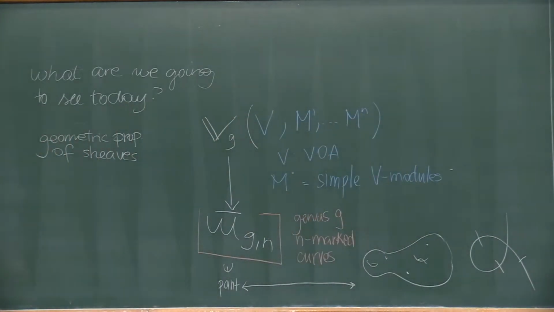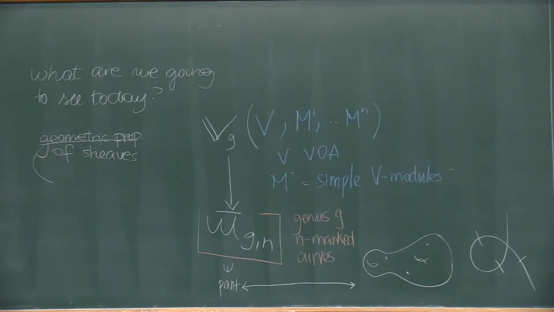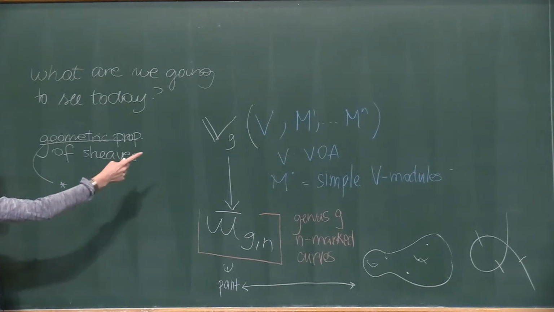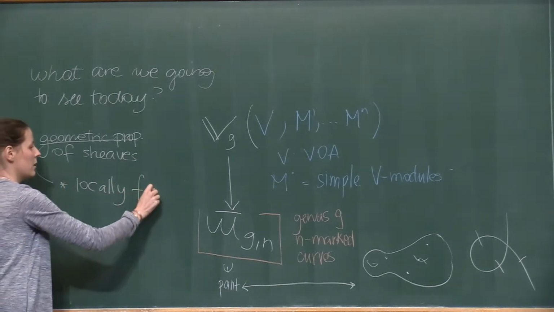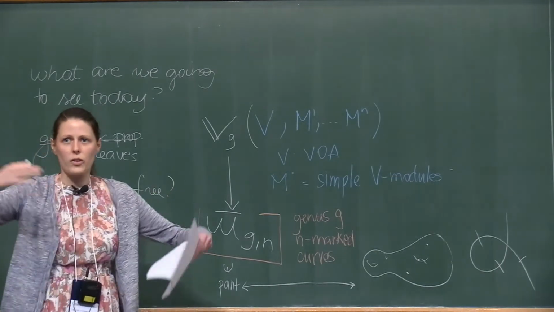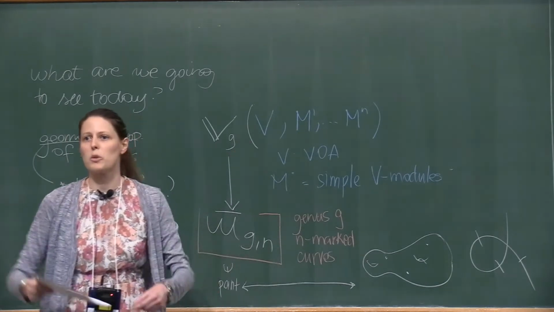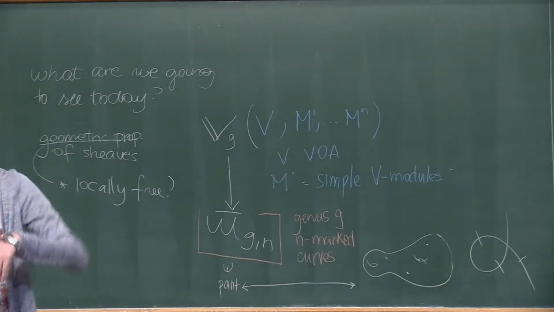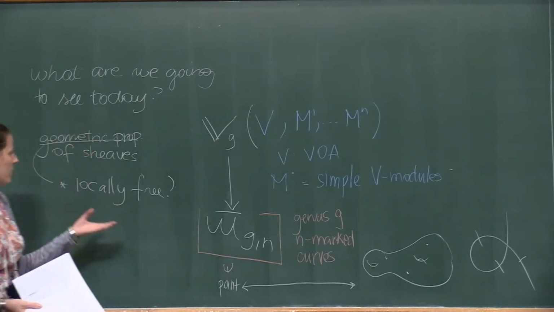The geometric properties that I will discuss today are maybe two. One is, is this sheaf locally free? In general, sheaves are, as I said, just an assignment to each point of some vector spaces. This could be infinite dimensional, and it has to vary smoothly, but nice sheaves are locally free.